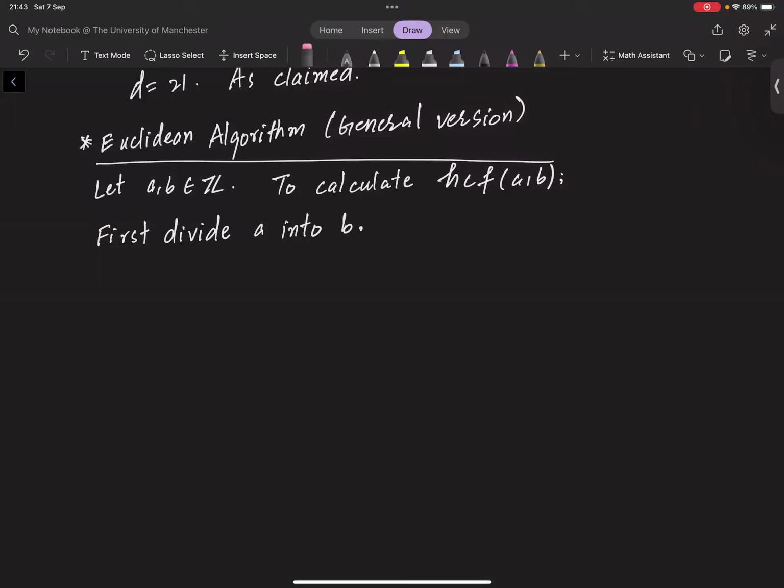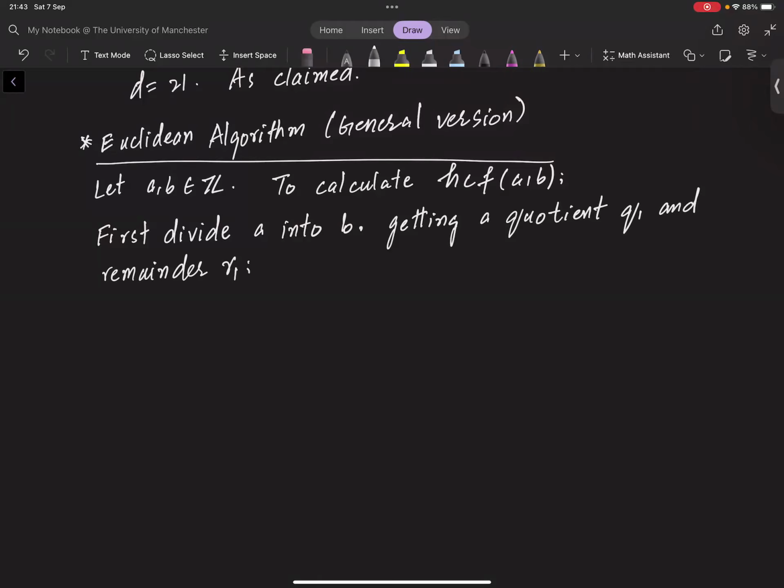So this is saying getting a quotient Q1 and remainder R1. Okay.